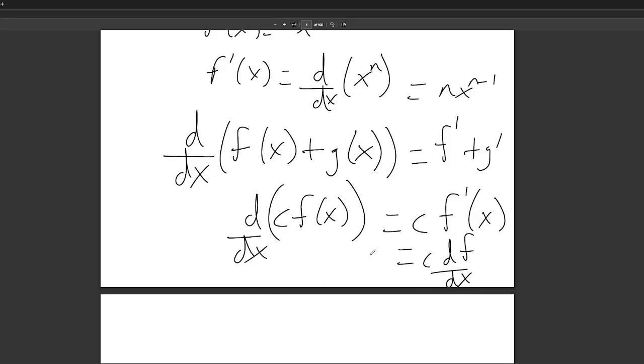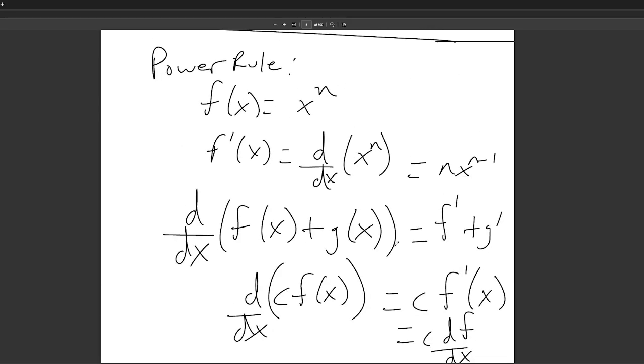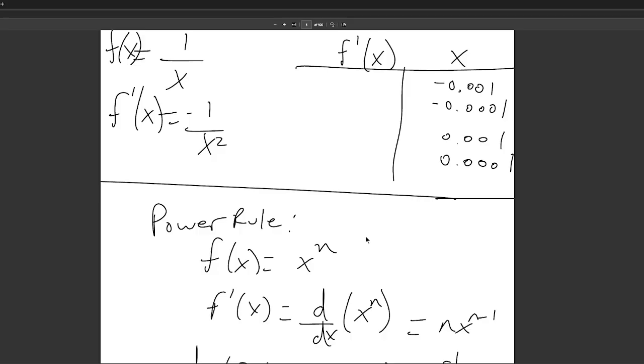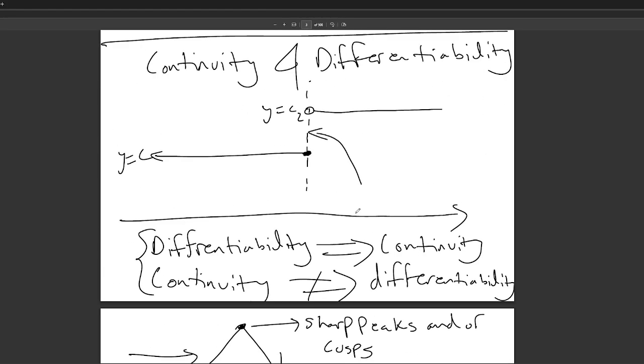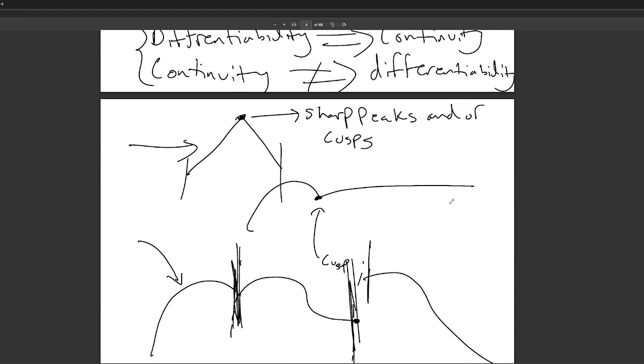If I have some constant like y equals 5, y prime is just 0. The reason is you could just use the power rule, because it's 5x to the 0. But the other, more logical reason is slope. Differentiation just means slope, right?